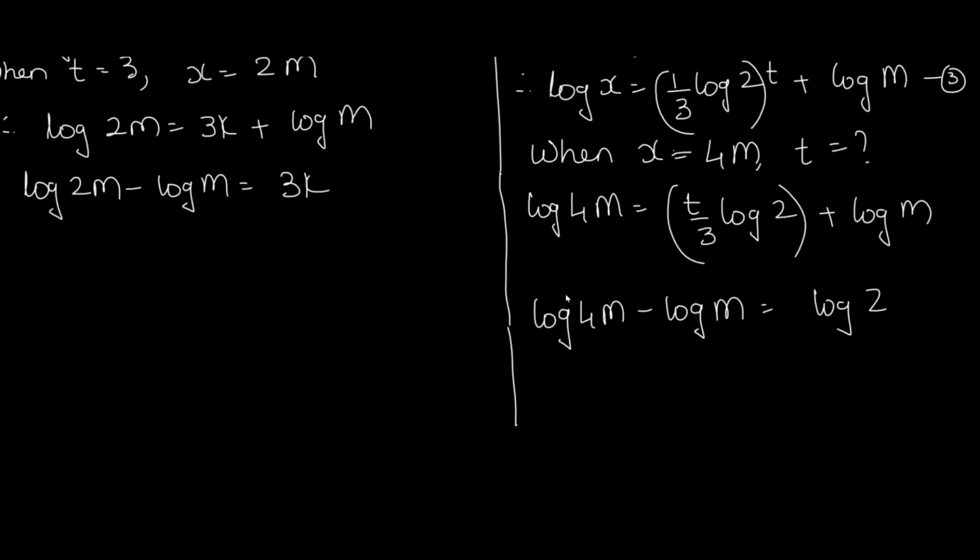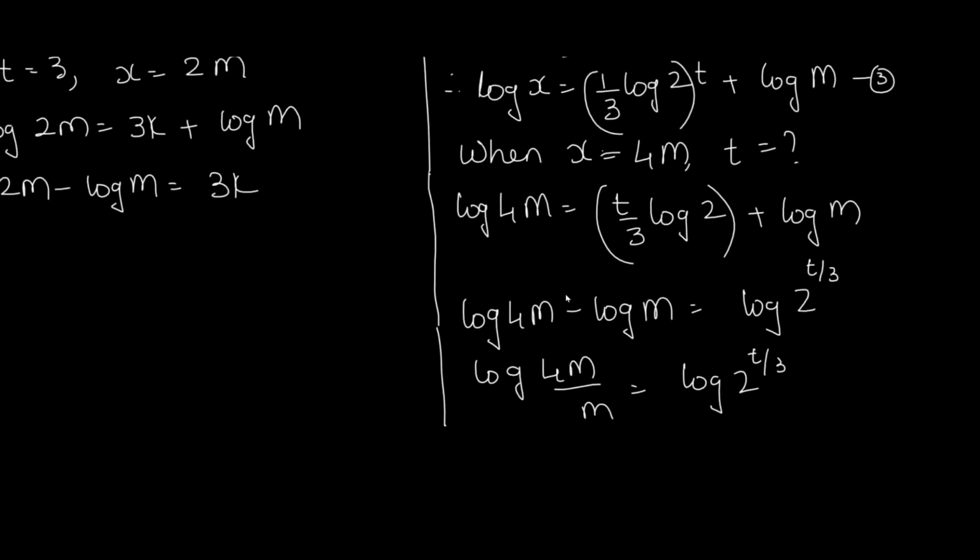So we get 2 raised to t by 3. Now we combine both the logs on the LHS, we get log 4m upon m is equal to log 2 raised to t by 3.